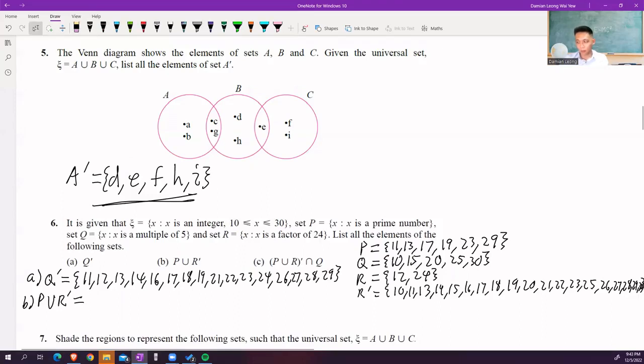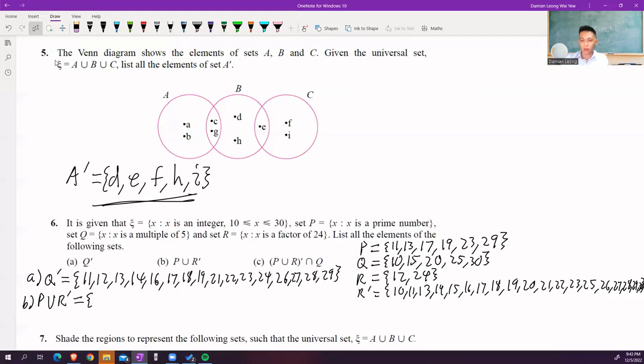Okay. So P union R complement, combine R complement with the P. Basically, it's no difference from your R complement because everything inside P is also inside the R complement.